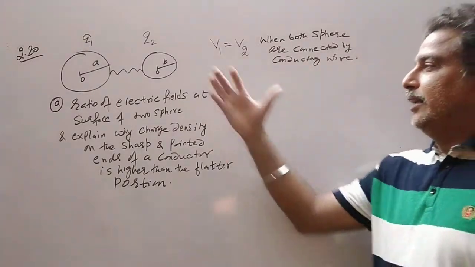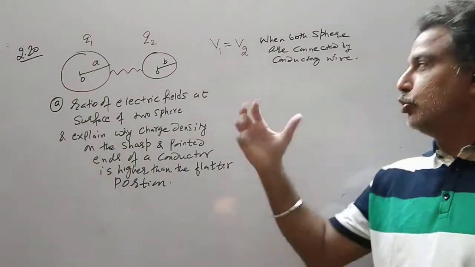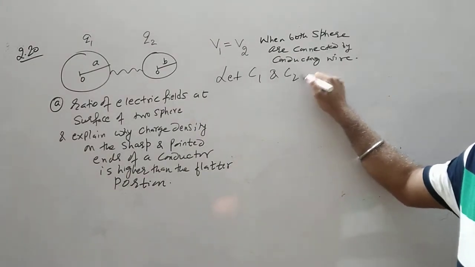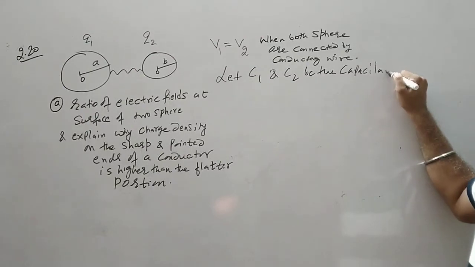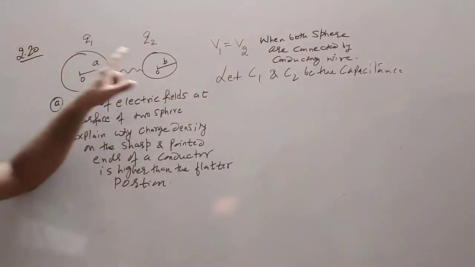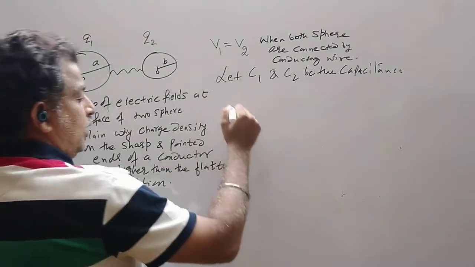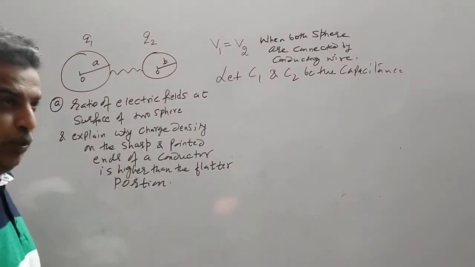For the time being, let C1 and C2 be the respective capacitances of the spheres having radius a and b. In this situation, we know that Q is equal to CV.